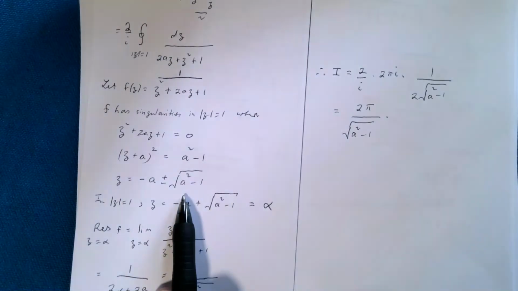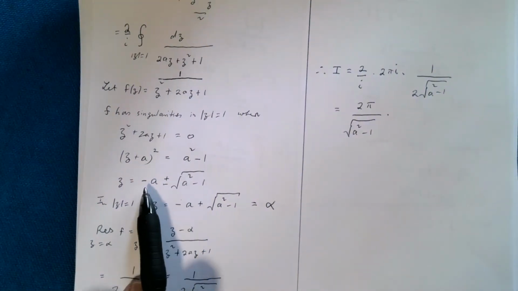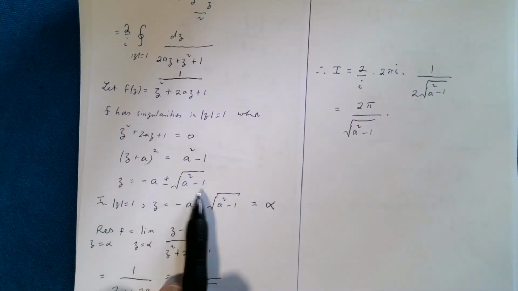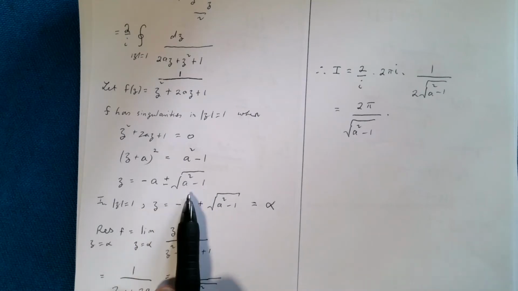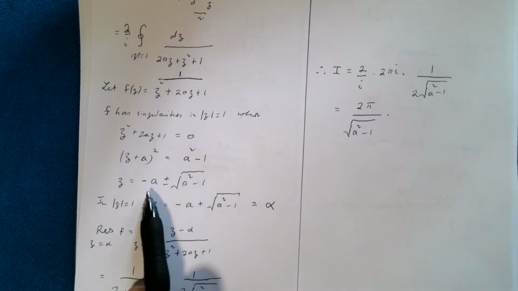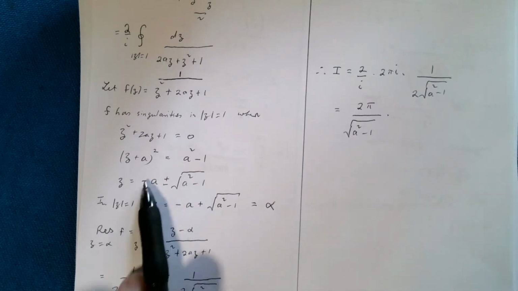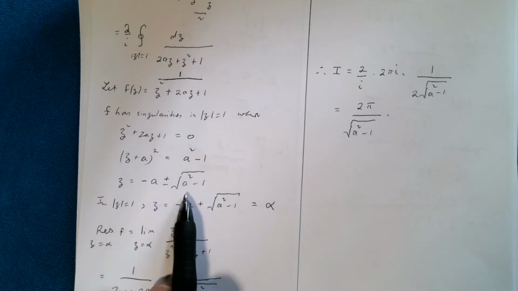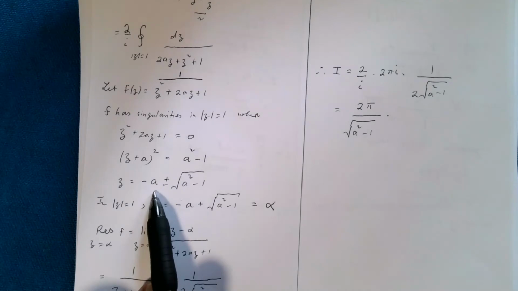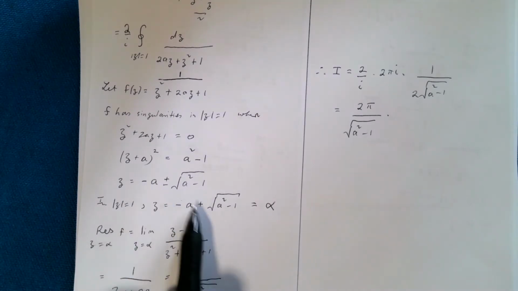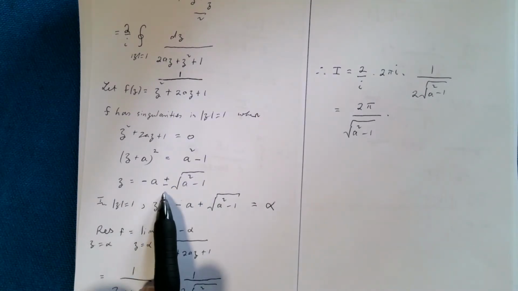Now you need to convince yourself that one of these, minus a minus root a squared minus 1, will be outside of the unit circle, whereas minus a plus root a squared minus 1 is inside the unit circle. One way of seeing that is to rationalize the numerator here by multiplying by conjugates, and then you can see that the modulus of z will be inside the unit circle if I take the positive sign, and outside if I take the negative sign.